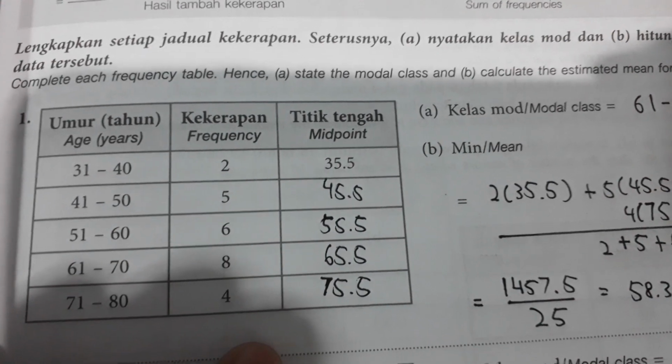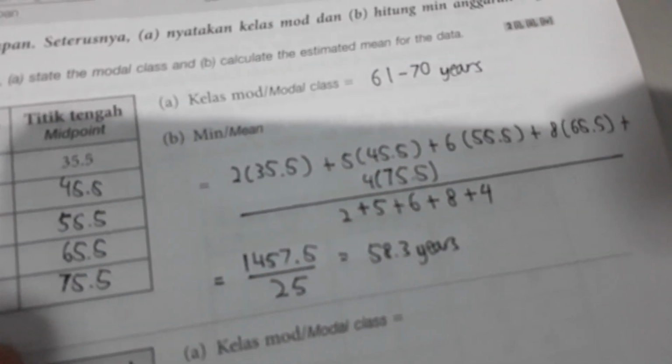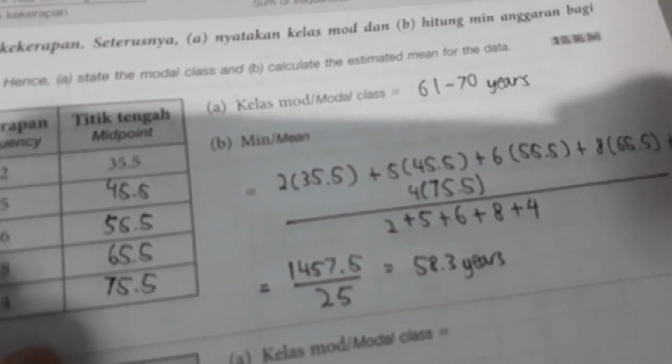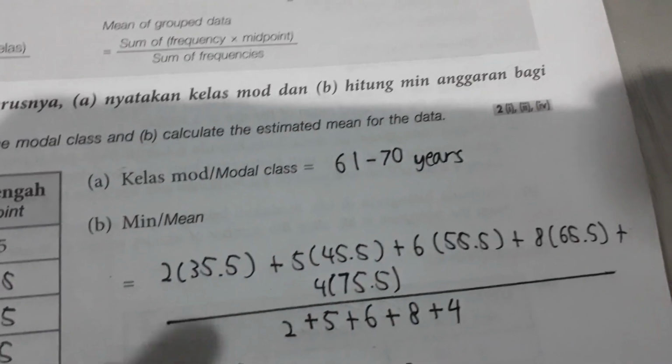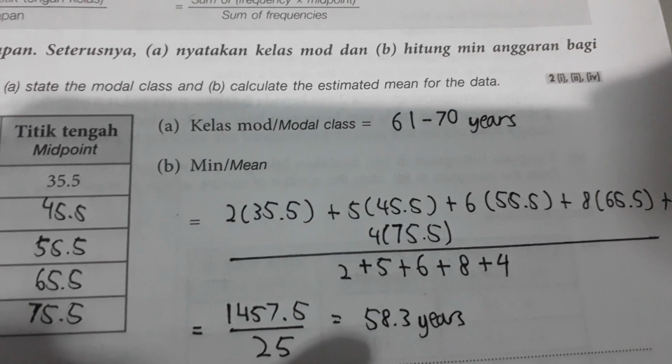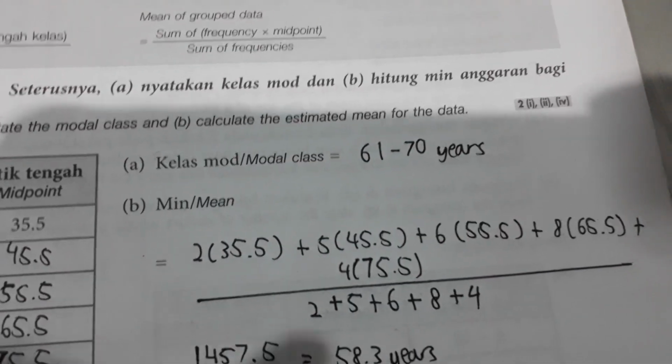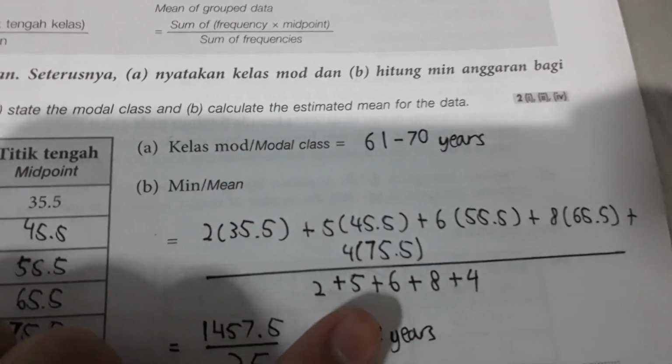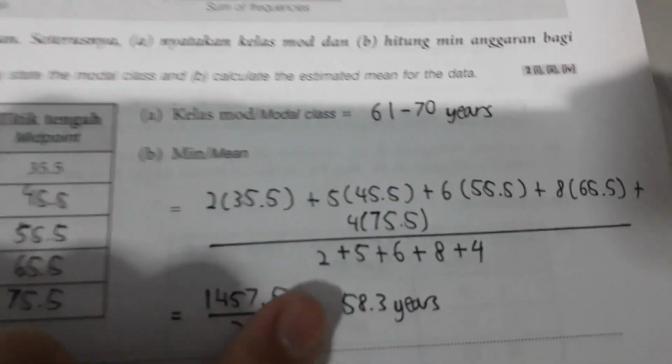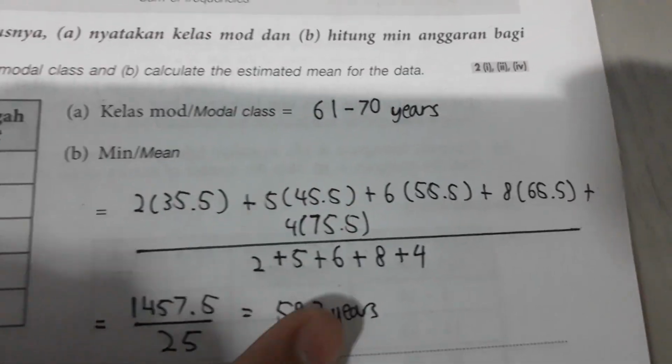This is the example. The formula of mean is the sum of the frequency times the midpoint of all class intervals, and then divided by the sum of the frequencies.